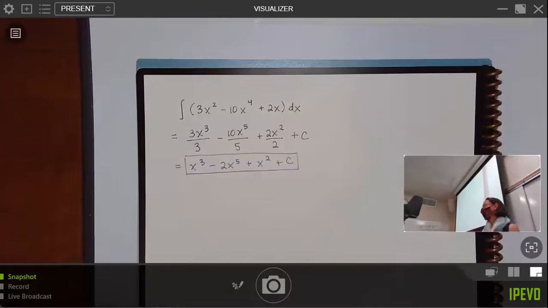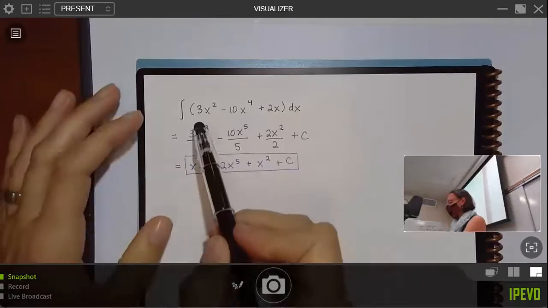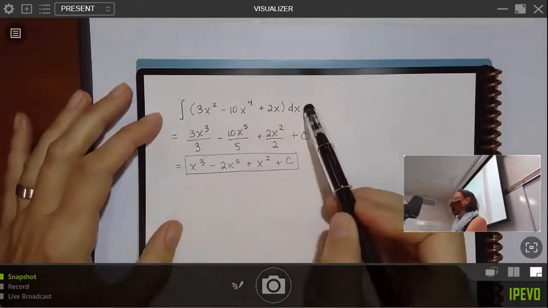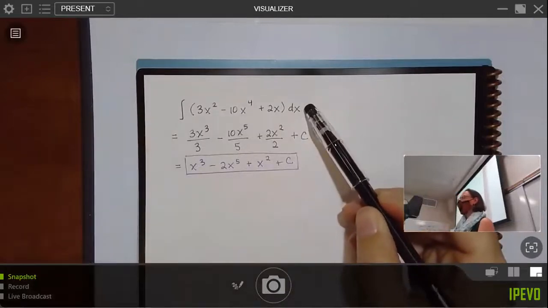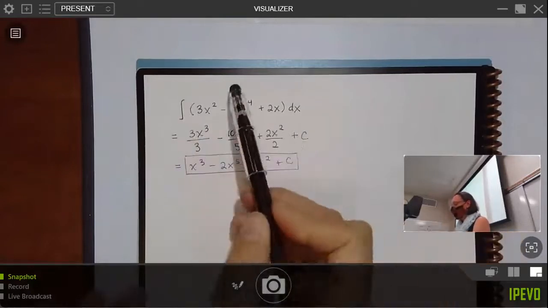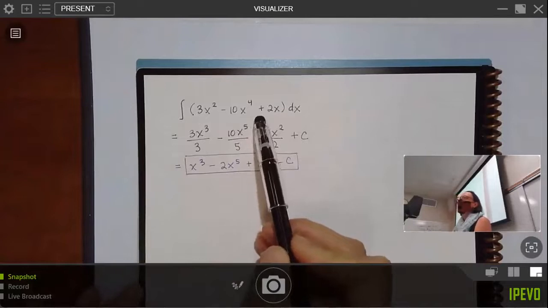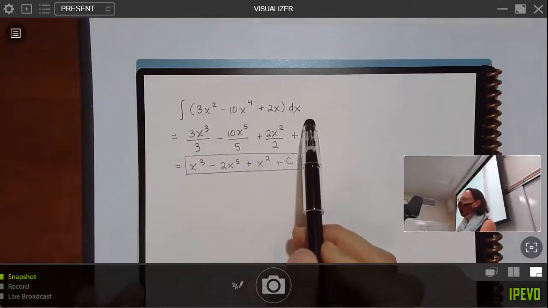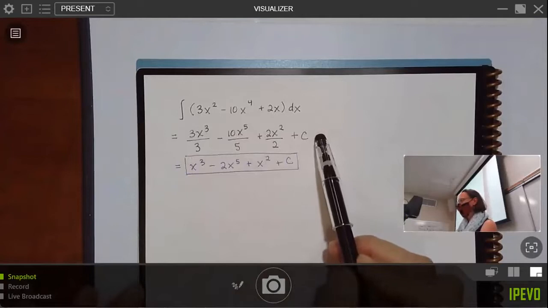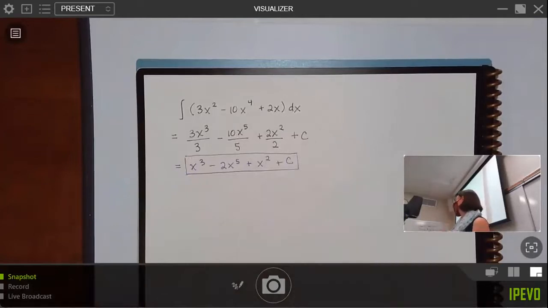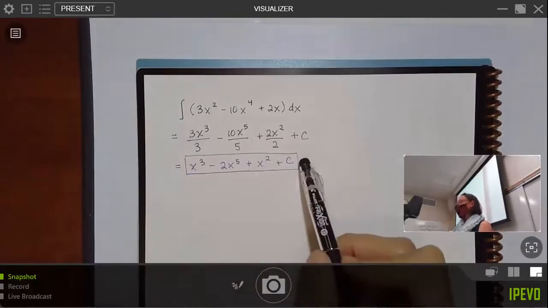This notation is called an indefinite integral because there are an infinite number of functions whose derivative is equal to this, but they all differ by a constant. So we have to include that generic constant in there until we have more information about the problem, right?